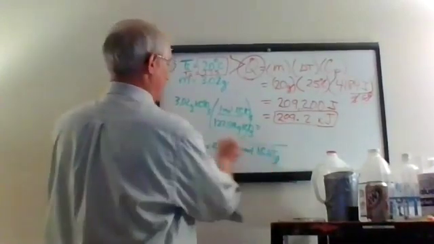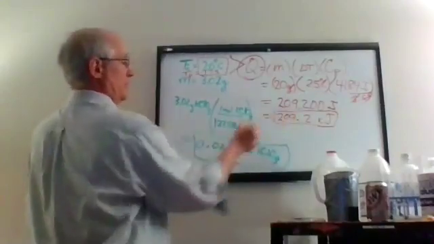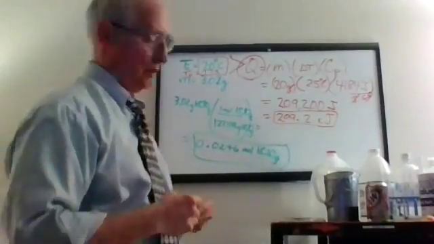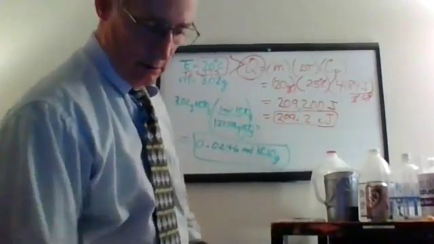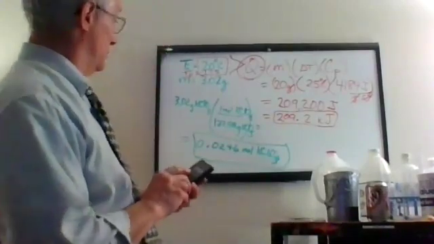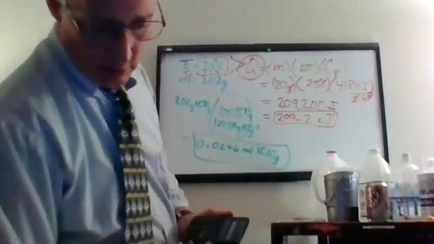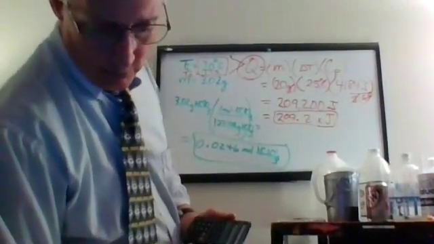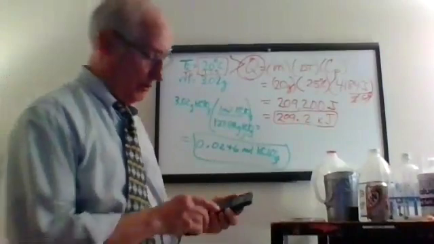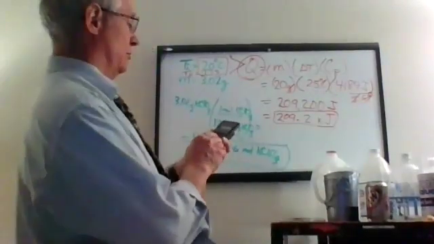And so if we take the red divided by the green, it'll give us kilojoules per mole. It's supposed to come up with plus 41.38, which doesn't look like it's going to, but that's all right.